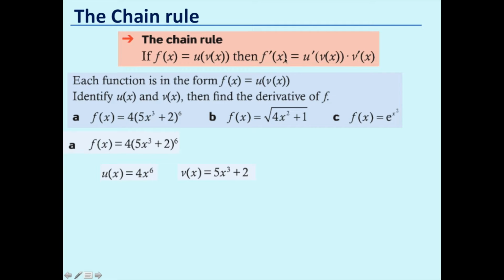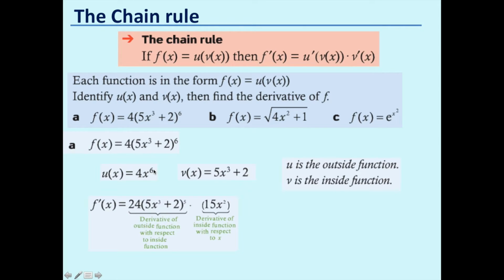So what our chain rule says, and again, if you really wanted to, you could expand this all and differentiate, but hopefully you can see that would be horrendous here. So using the chain rule, what we're going to do is find the derivative of the function on the outside and multiply that by the derivative of the function on the inside. So what's that going to look like here? Well, our function on the outside is this, u of x. So u of x equals 4x to the power 6.